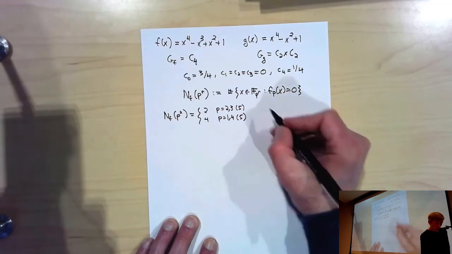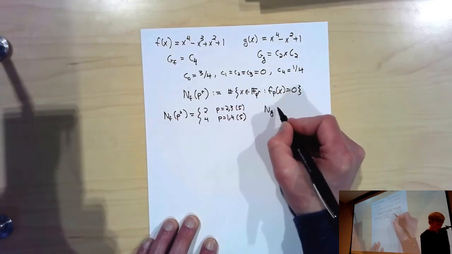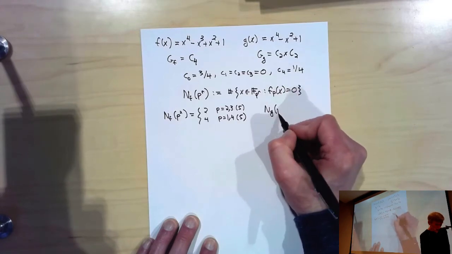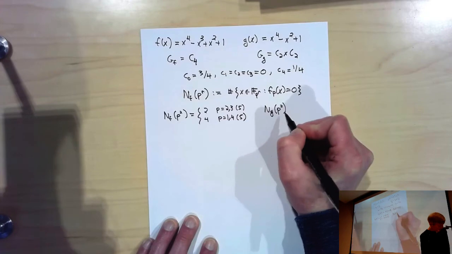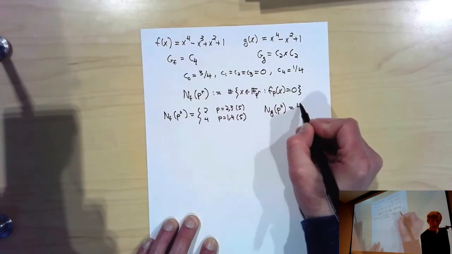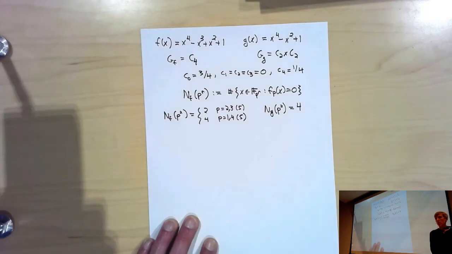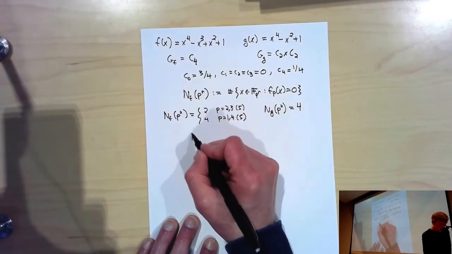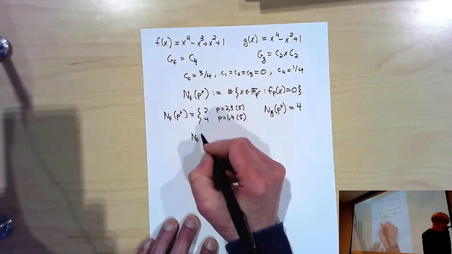On the other hand, with our C2 cross C2 polynomial, if we go to a degree 2 extension, it's always going to split completely, and so we're always going to see 4 roots. So we can distinguish these 2 cases by counting points over F_{p^2}.